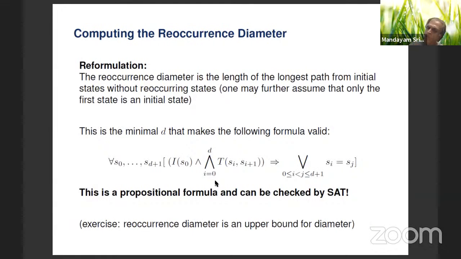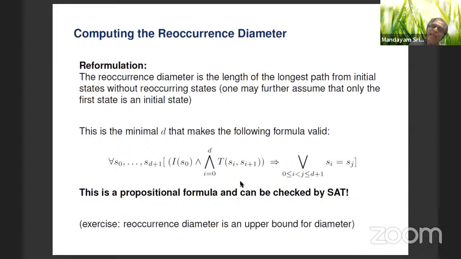That translation you'll have to do for different properties. What we saw was how to do that translation for invariant safety properties and simple liveness properties. We have not seen it for arbitrary CTL or LTL formulas.